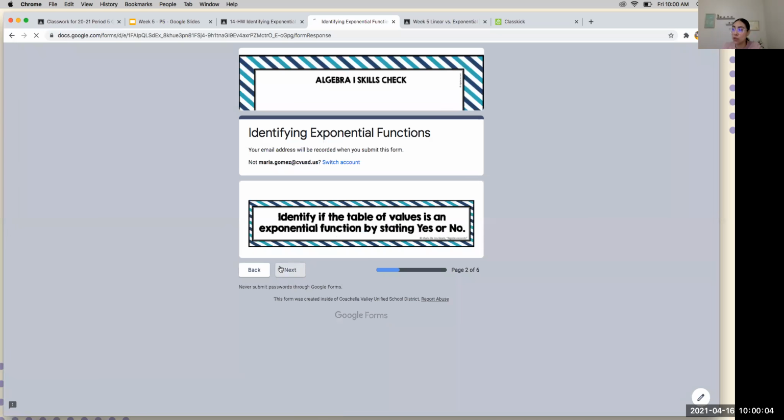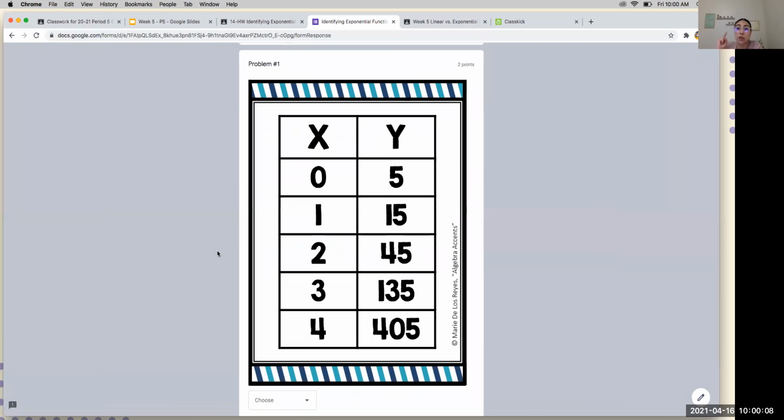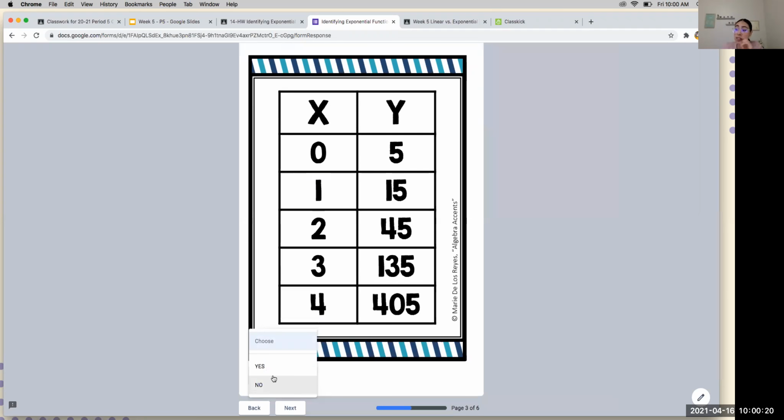So for example, here is the table. Think of your pattern in the table. It's multiplication or division. Do you see multiplication here? Or do you see division? If it is multiplication, then that's going to be a yes, this is exponential. If you see it's division, then you click on yes, it is exponential.